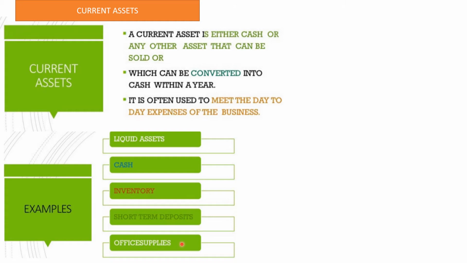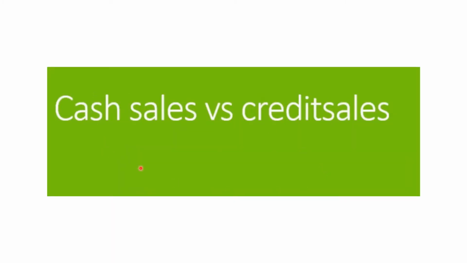Furniture is an expense for the business, but at the same time it is an asset also. One time the furniture is coming into the business, the other time the cash is going out of the business. So it is a two-way transaction. The transaction has two effects. That is why the difference between assets, current assets and expenses must be clear, so that we can differentiate what is an expense and what is an asset. Now we come to cash sales and credit sales.